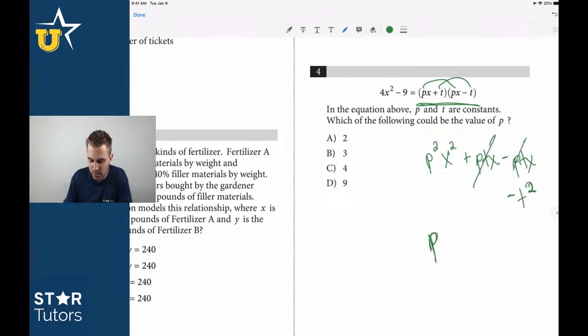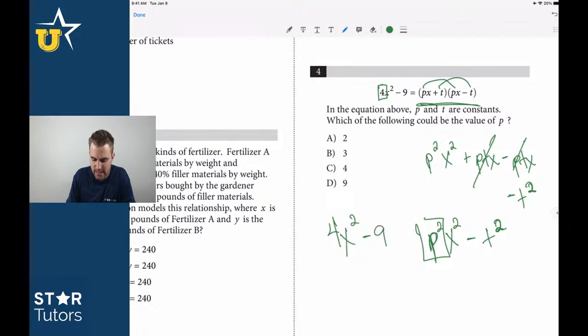We get p squared times x squared minus t squared. And then it becomes very easy to see that the 4 is related to the p squared, because it's formatted like this: 4x squared minus 9 is equal to px squared. And so this 4 just corresponds to the p squared, so p is just equal to 2.